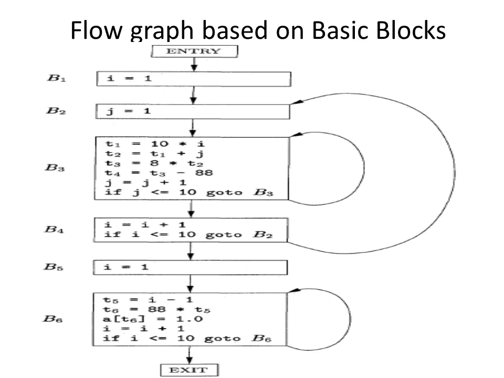And if you take B6, in B6, if I is less than or equal to 10, go to B6. So this block transfers the control to itself. So that is why the direction is given like that. So this is the flow graph of basic blocks for the previous program.